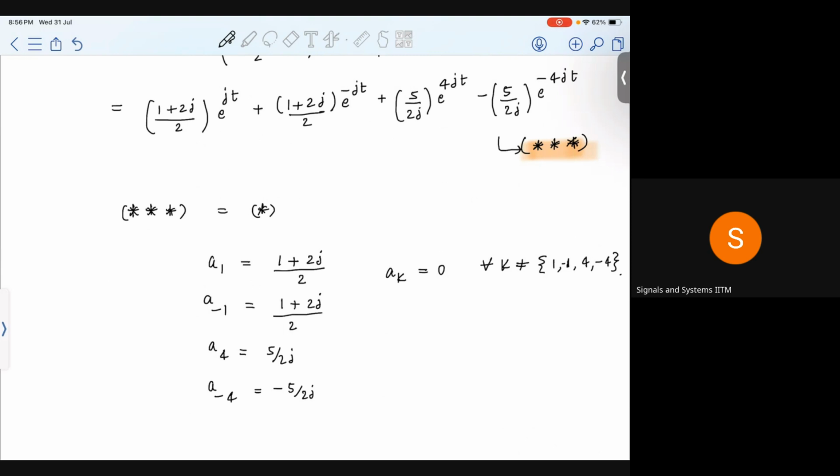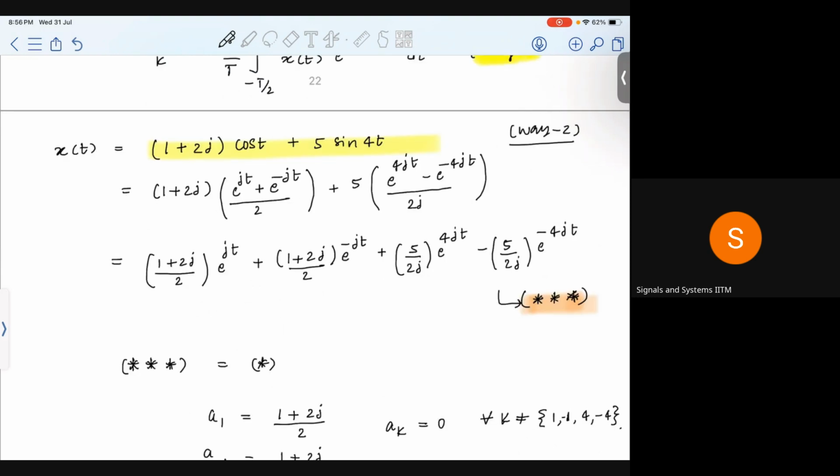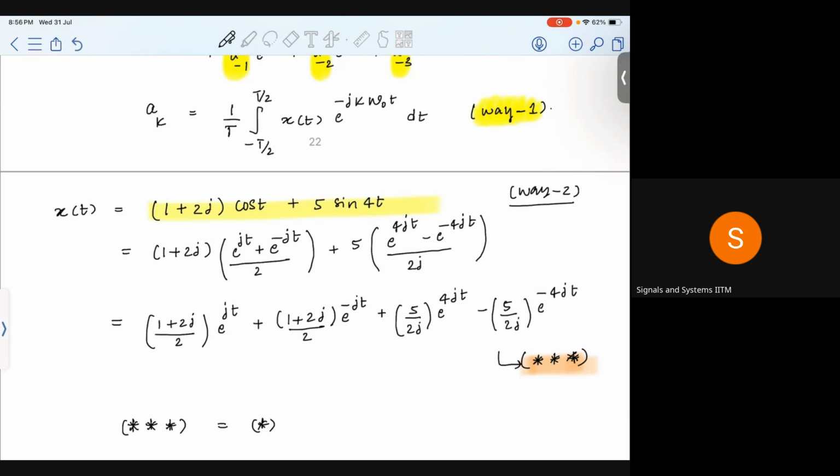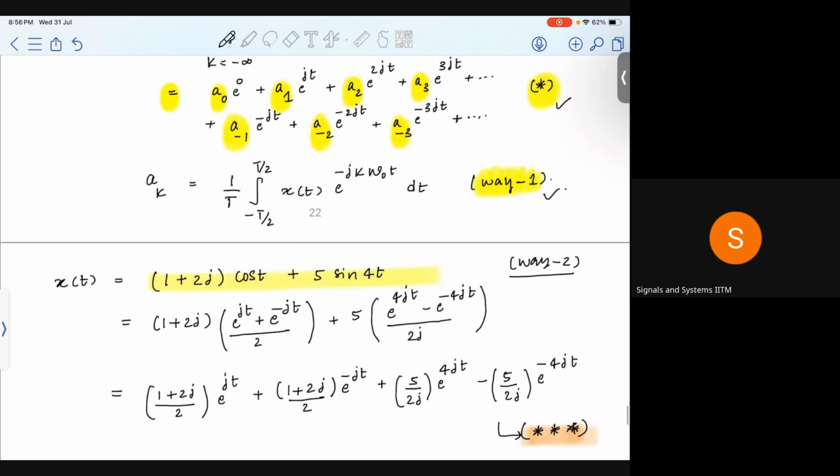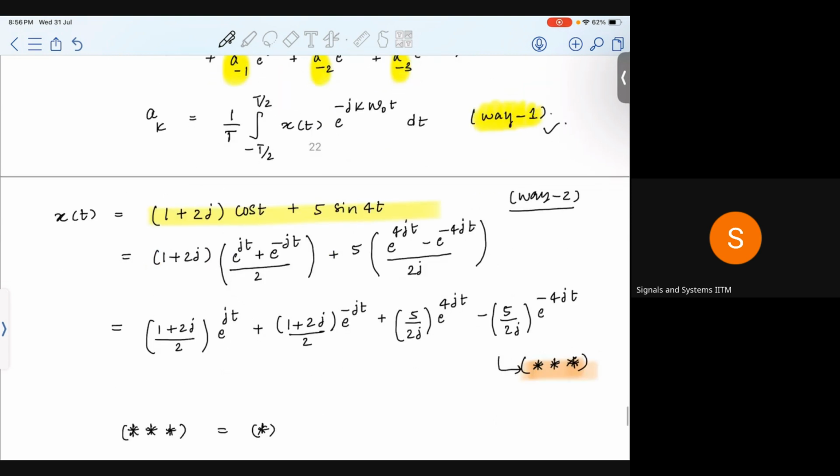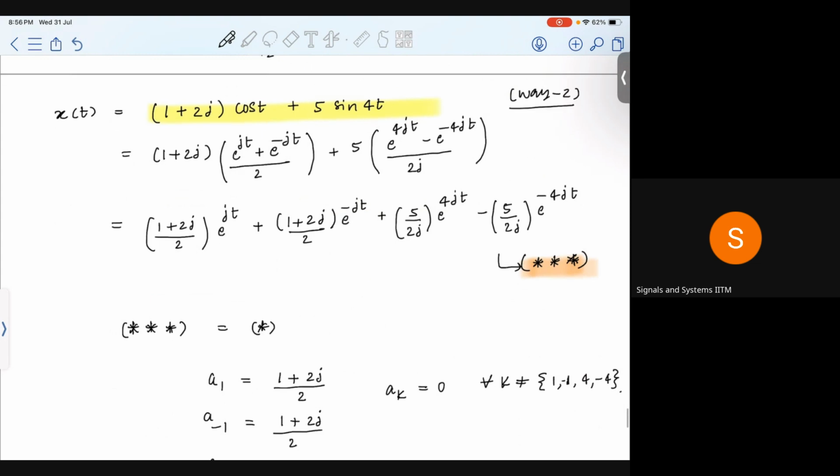If you're still confused, you can still find this integration expression. That is always a valid way. You can try to work out more on this if you have more doubts, but this is all there is to it.